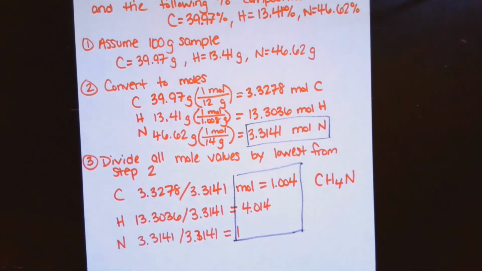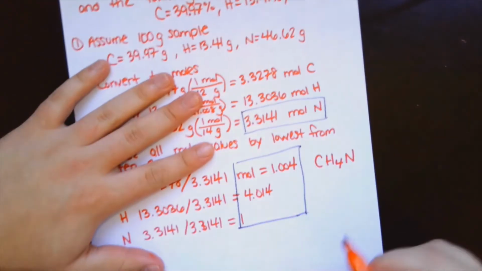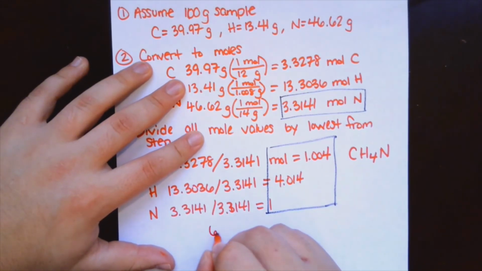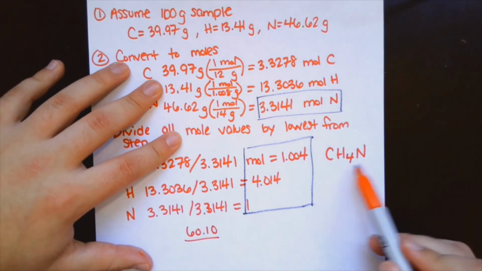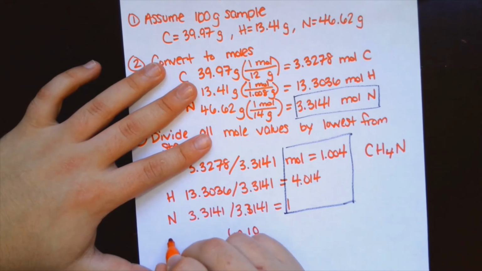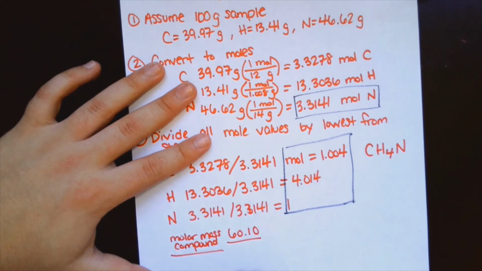So the way we do that is we take the actual molar mass of the compound, 60.10, and we divide by the molar mass of the empirical formula.